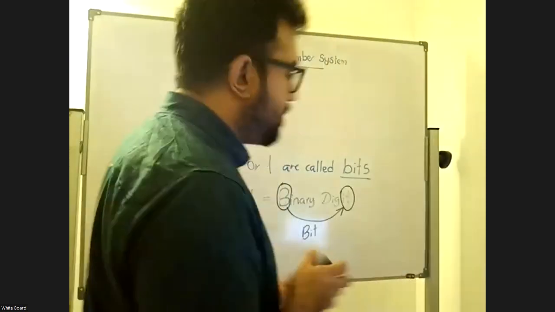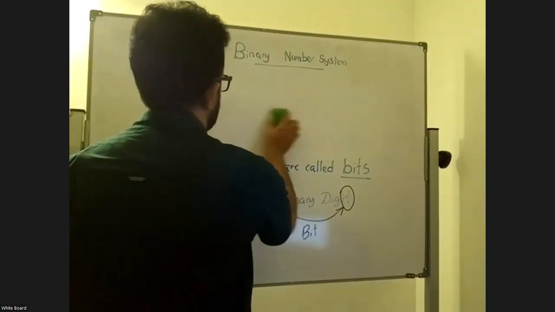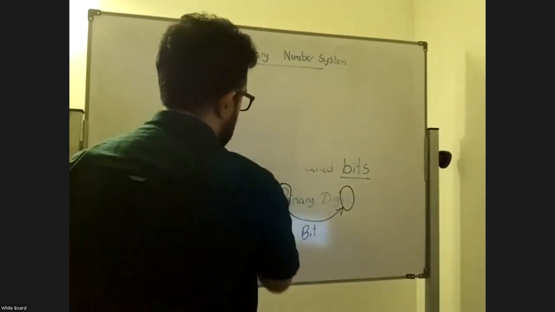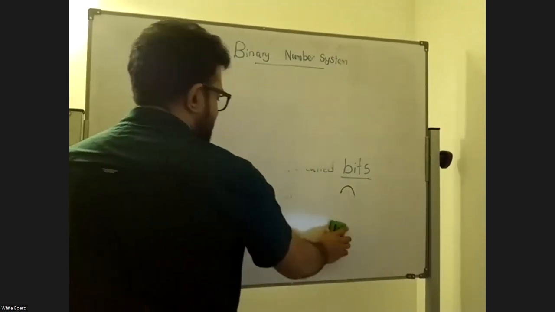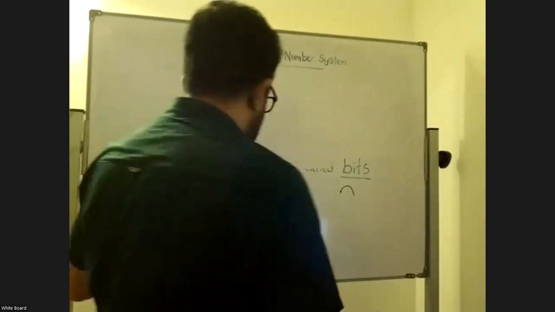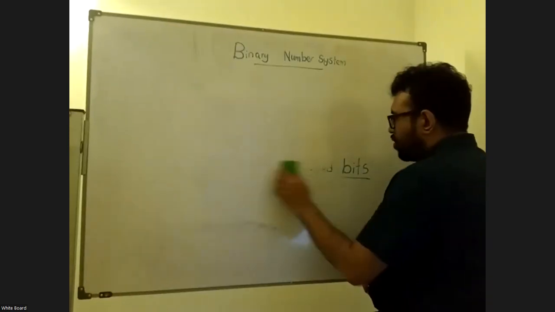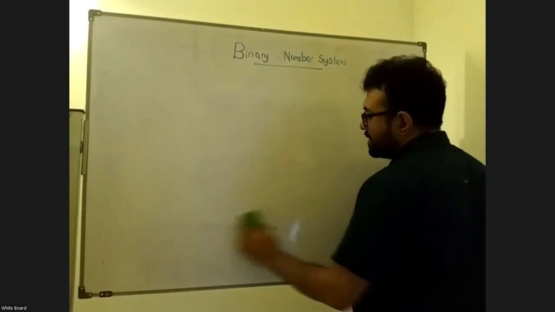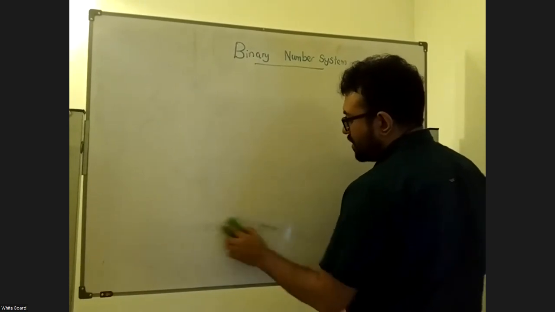Now we have to find out about the decimal numbers. How do we write them? So a bit is actually the smallest data item that is stored within a computer.